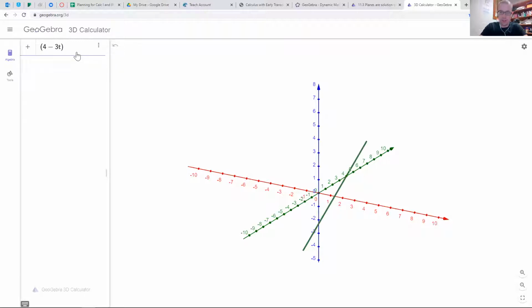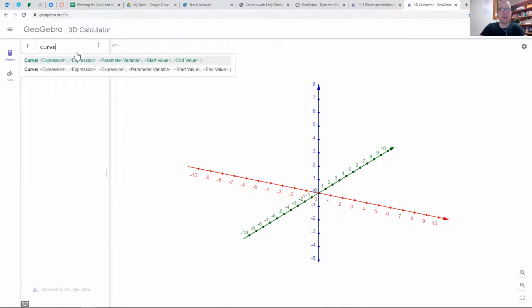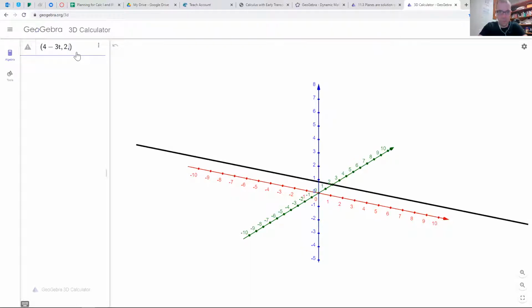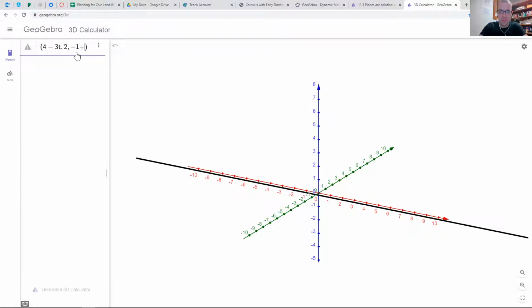Oh, I should make it a curve though, because that'll allow us to do this. All right, let's do this. 4 minus 3t, comma, 2, comma, minus 1 plus 4t.